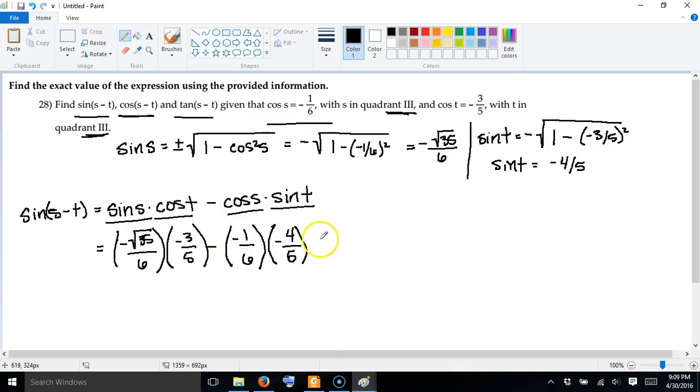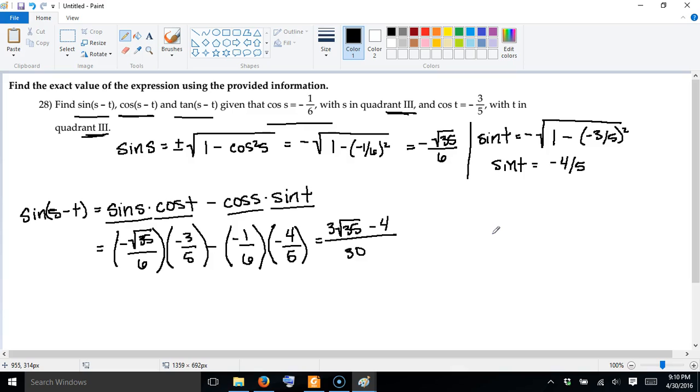Multiply and subtract these numbers and put it over the same denominator. We get 3 square root 35 minus 4 all over 30. And we're done with finding sine of s minus t.